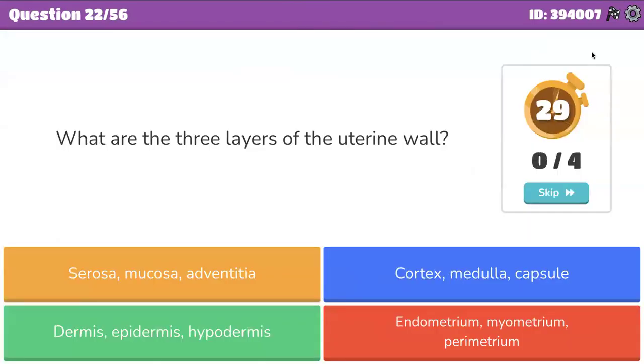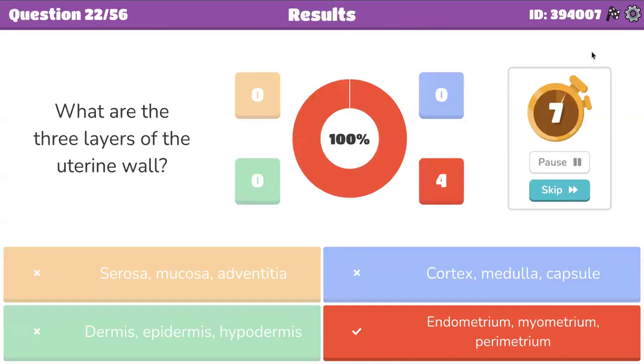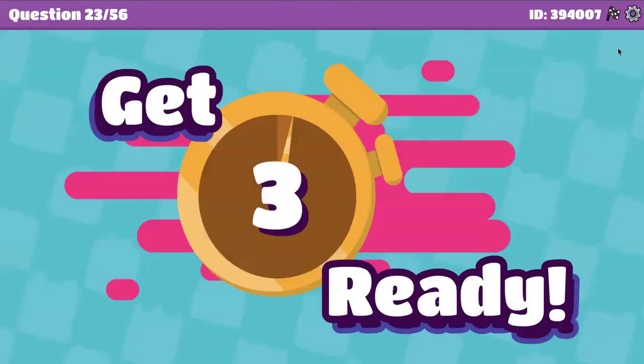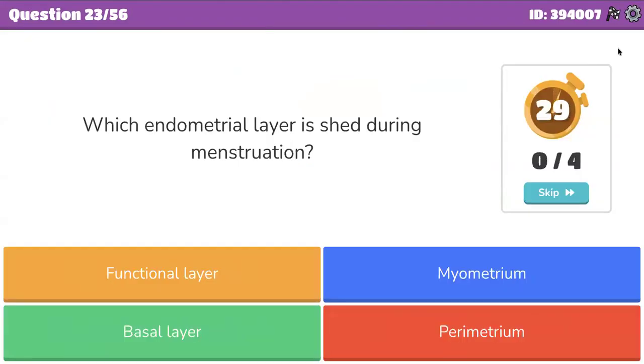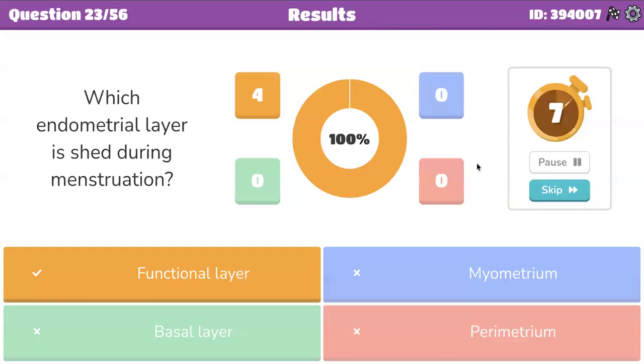What are the three layers of the uterine wall? Endometrium, myometrium, and perimetrium. Which endometrial layer is shed during menstruation? The functional layer.